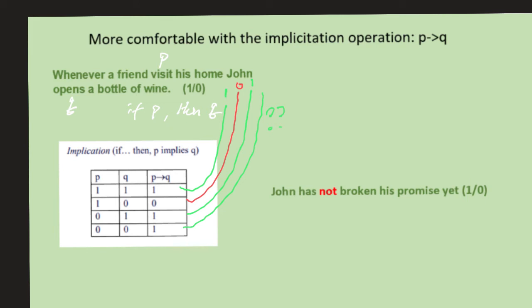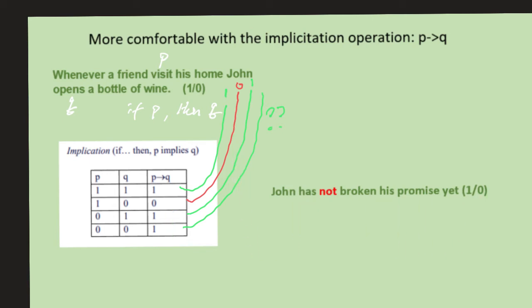Then this third one, the contrapositive one: John didn't open the wine and broke his promise, when the friend did visit, and this ties to the 0 for this statement. So the conclusion is that the output of this implication function really equals the truthfulness of the second statement instead of the first one.